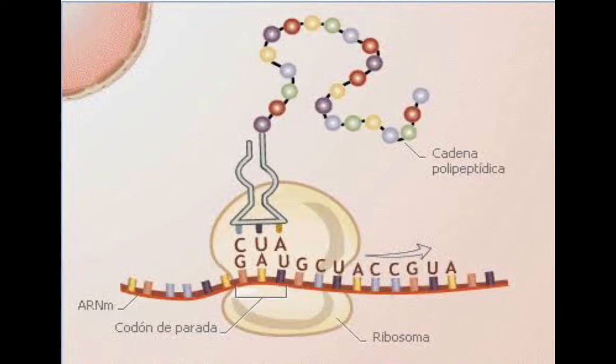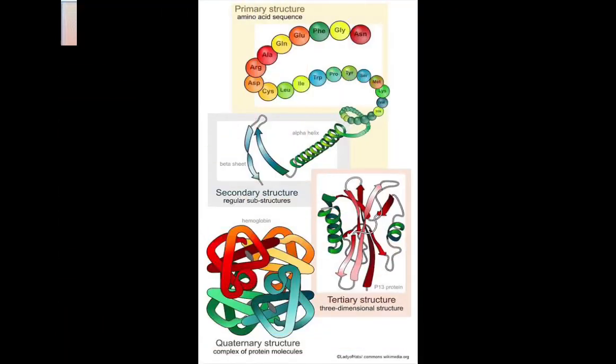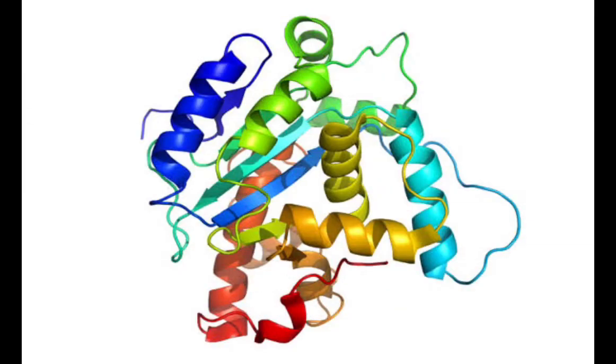To solve this problem, the cell has found another simple solution. It creates a small copy, or a transcript, of the specific gene through the process of transcription. This copy is a small RNA molecule, called messenger RNA.